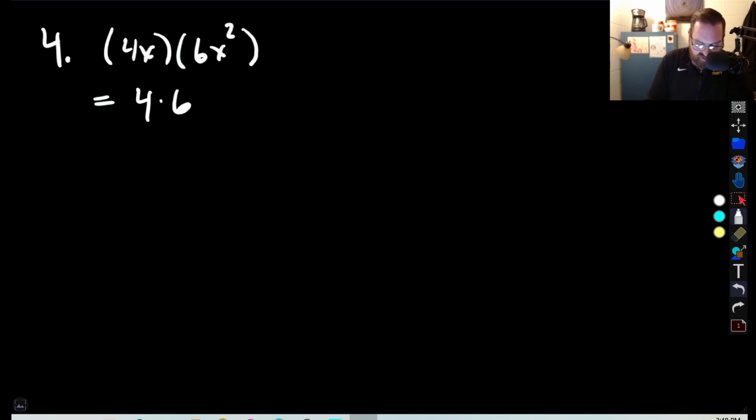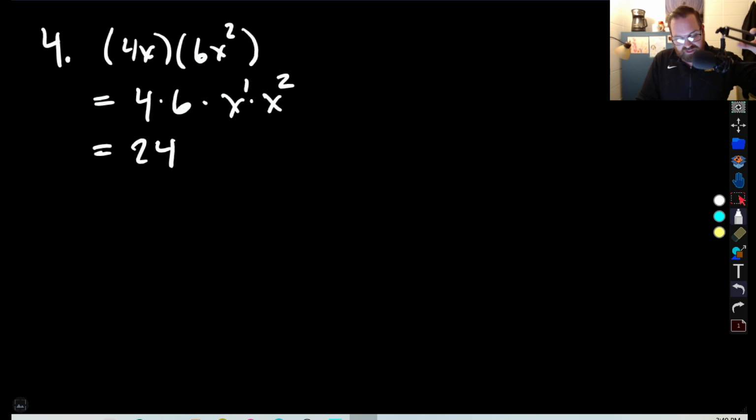So I'm going to rewrite them out like such. And then we've got our x and our x squared, okay? So this is going to work out to be 24, which is the first piece. And then the second piece, I've got an x to the first. If there's no exponent shown, you can think of it as a 1. It's implied.